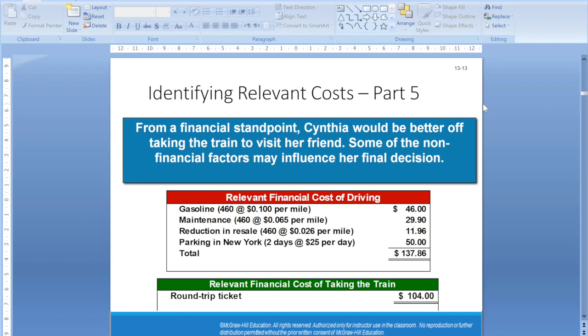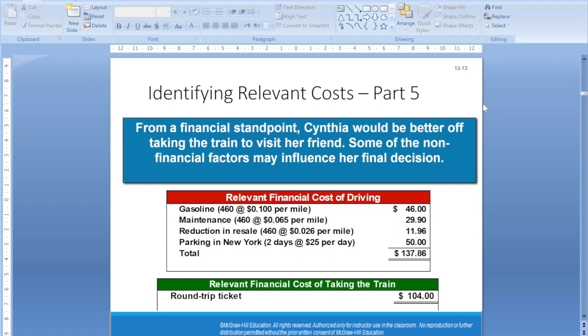460 comes from the miles of the round trip, the two ways. The one way is 230 miles. So the two directions will be 460 multiplied by 10 cents, so the cost of the gasoline will be $46.